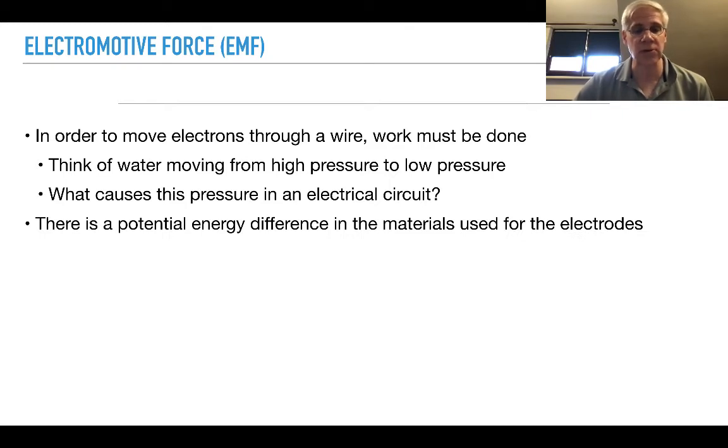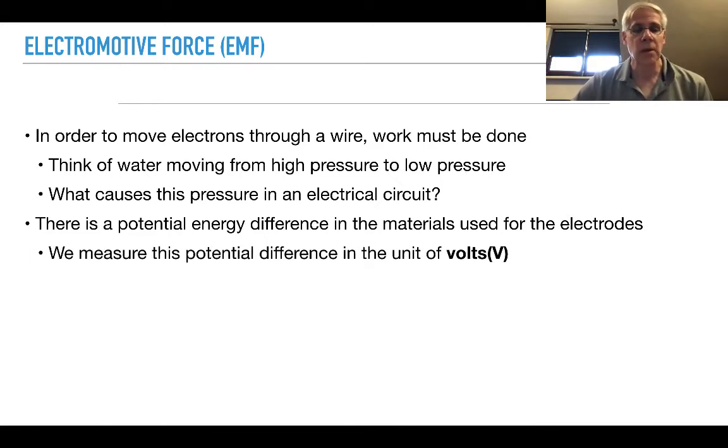There's a potential energy difference in the materials used for the electrodes, and they always want to go to something that is more stable, so the electrons will move from something that's not as stable to something that is more stable. And we measure this potential energy in the unit of volts, and what's actually moving them is called the electromotive force, that EMF. So we measure that force in volts.